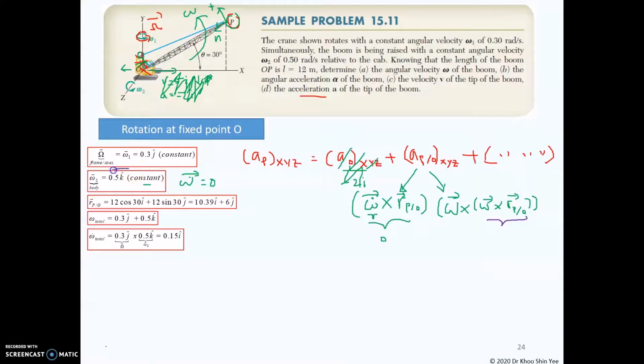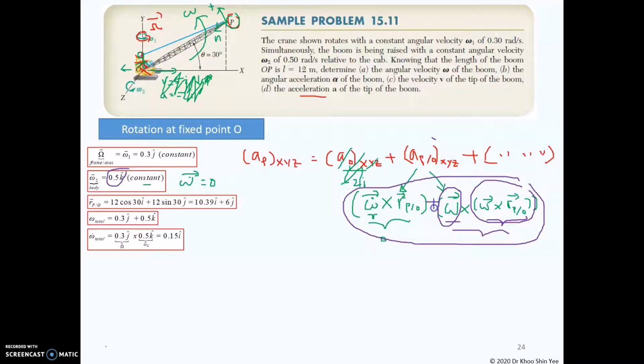You can also substitute the omega body and then compute the cross product between these two components. Then you should be able to obtain the result. The summation of these two components, one from the tangential direction and another from the normal direction, gives you the final answer for a P/O here.